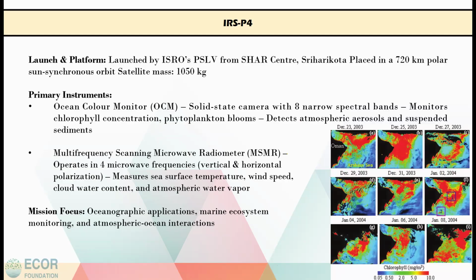The primary instrument is OCM, and the Multi-frequency Scanning Microwave Radiometer, MSMR, was also deployed in that mission. The major focus is oceanographic application, marine ecosystem monitoring, and atmosphere-ocean interaction.